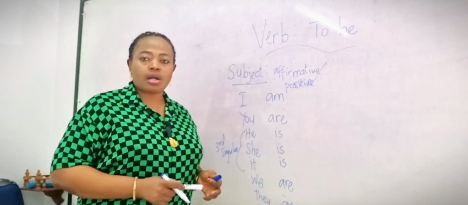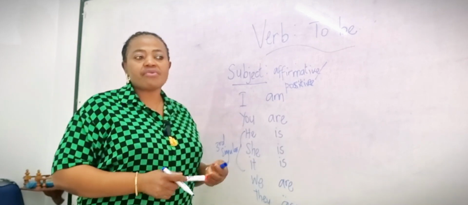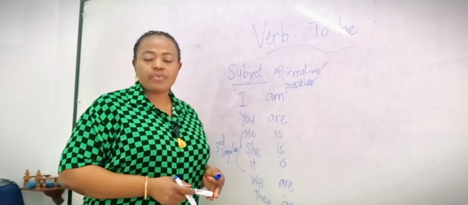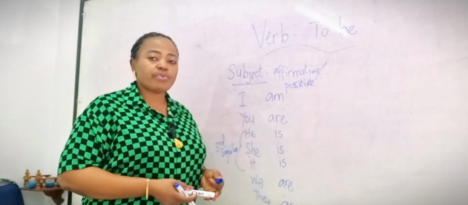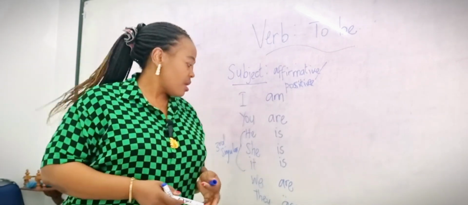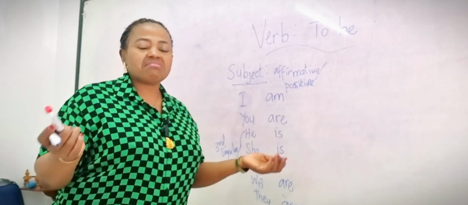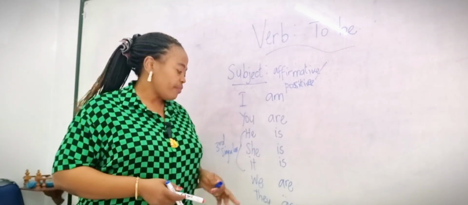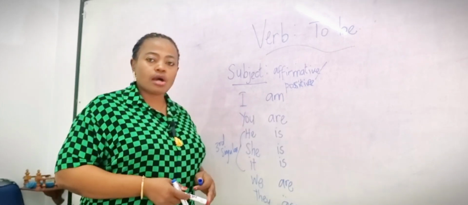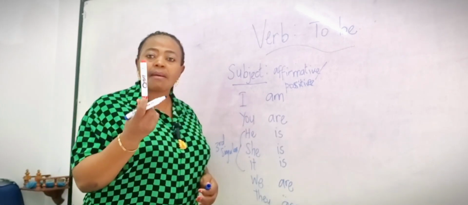It is a dog. It refers to things. We don't refer to people as it. You can have a chair, a dog or any other thing that is not human. We use it. It is a dog. It is a pencil. It is a marker.